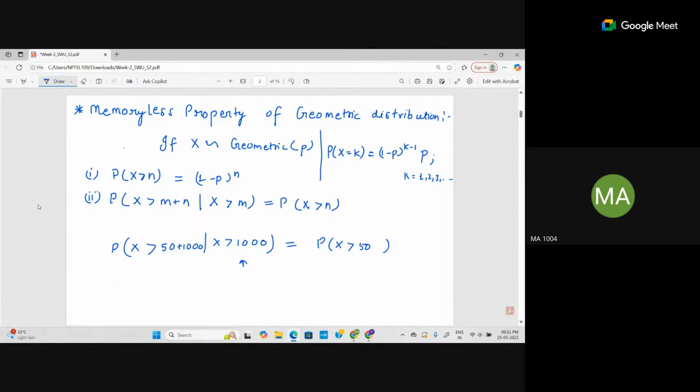So x is equal to k, this is the formula. You have to add all these probabilities, taking the summation over this PMF. You can see that k will start from n plus 1 and go up to infinity. And now you have to put in the value of the PMF.